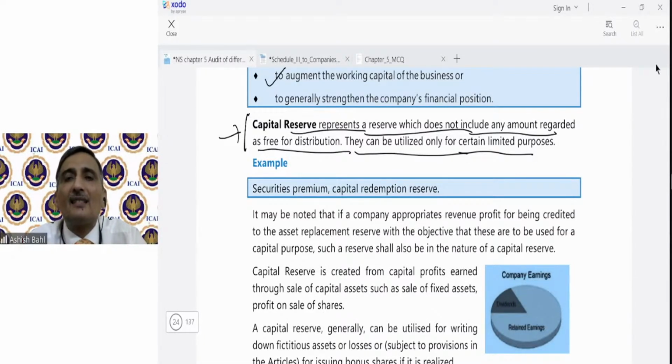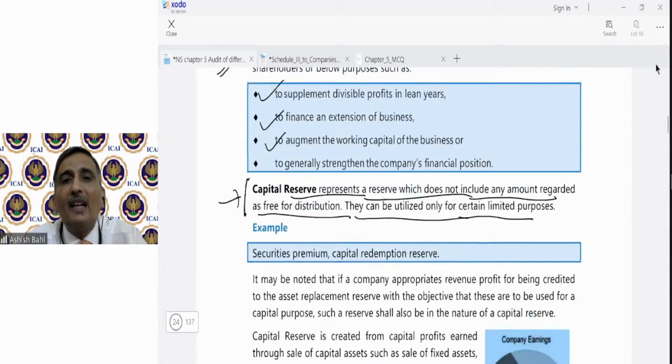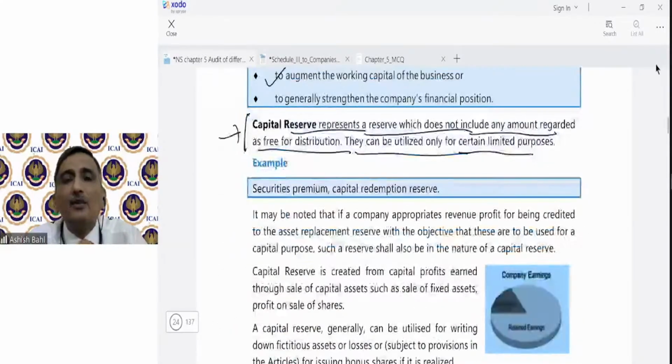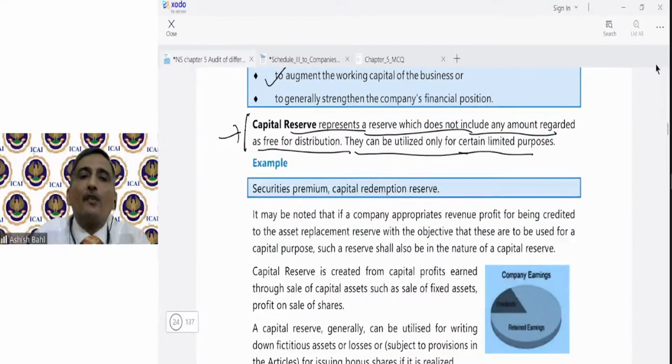Like say when shares are issued at premium, then the premium amount goes to securities premium account. Again it can be used for a specified purpose, so it is an example of capital reserve.